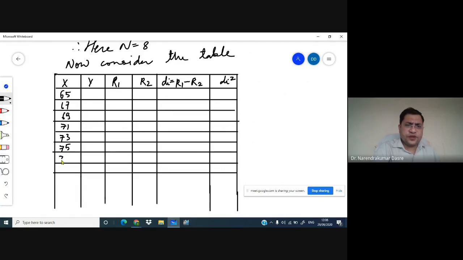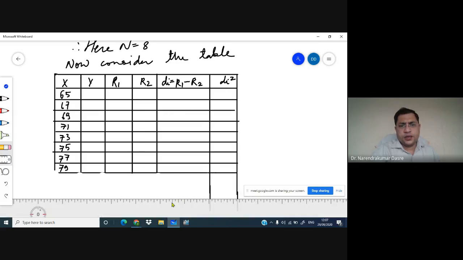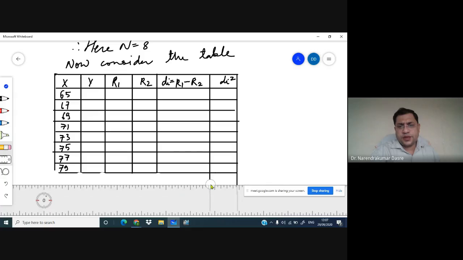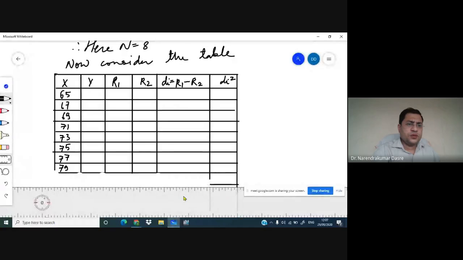Okay, so we have these 8 observations. Here we want summation di square. So this is how we have to make the table.